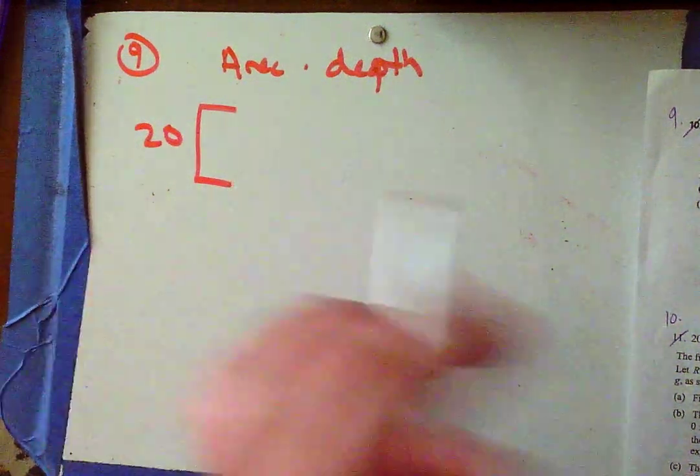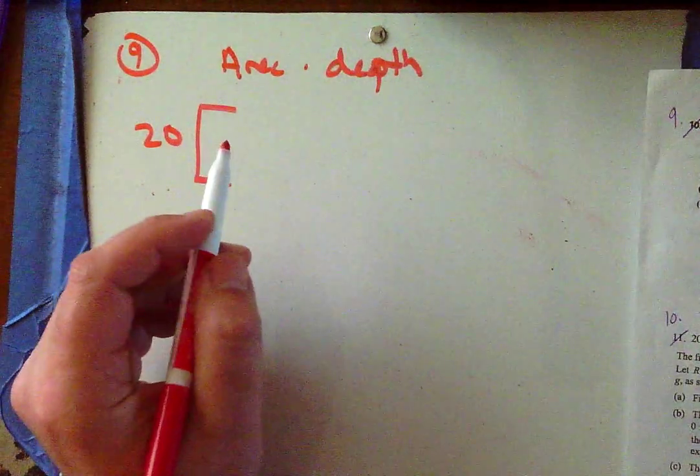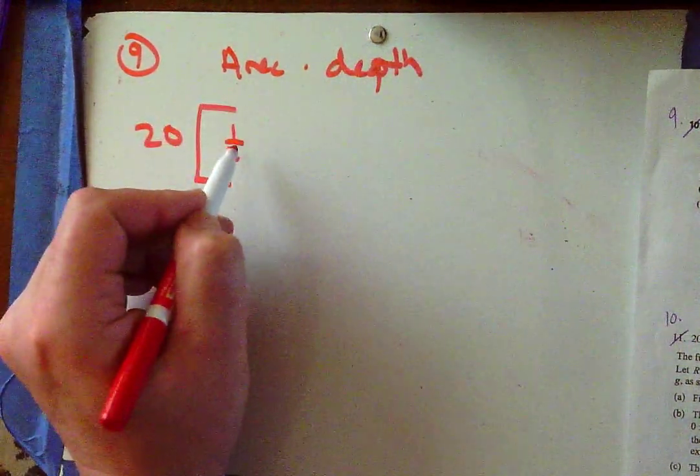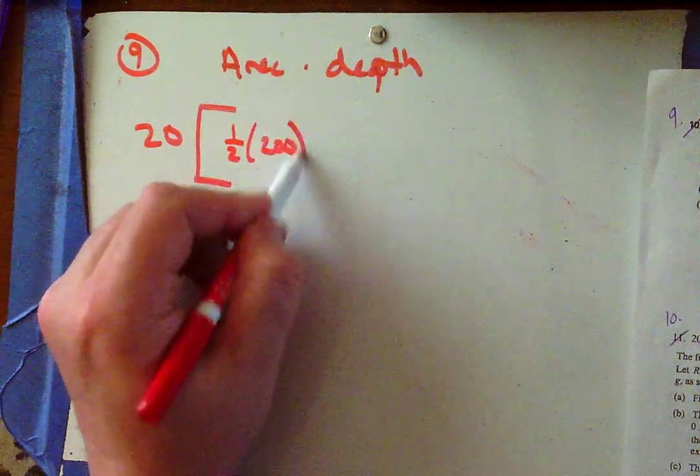Well, the subinterval width is 200 feet. And I'm supposed to use trapezoids, so 1/2 times 200.